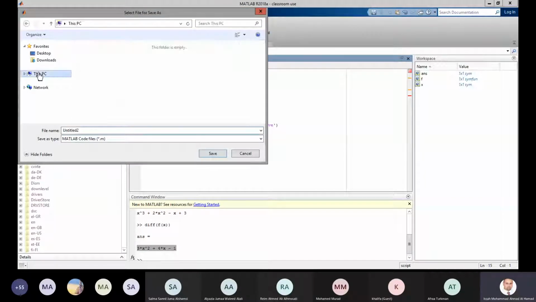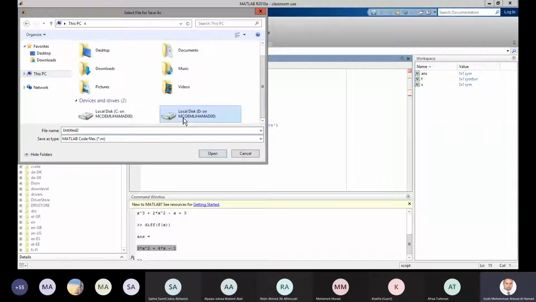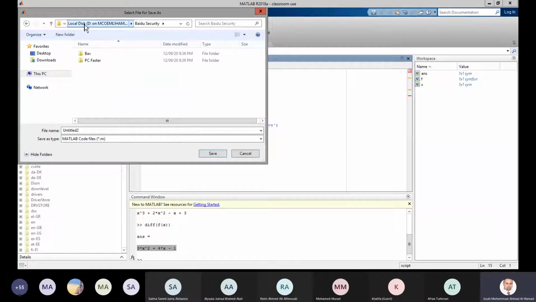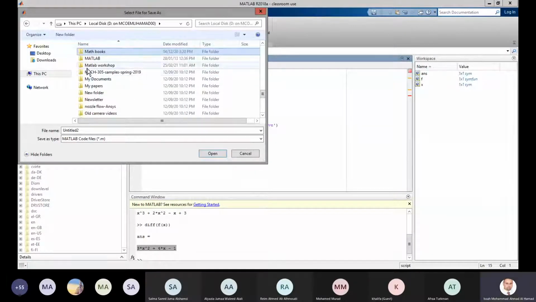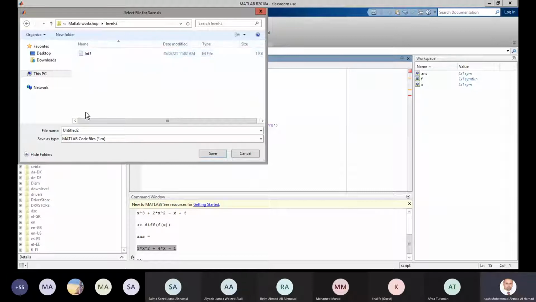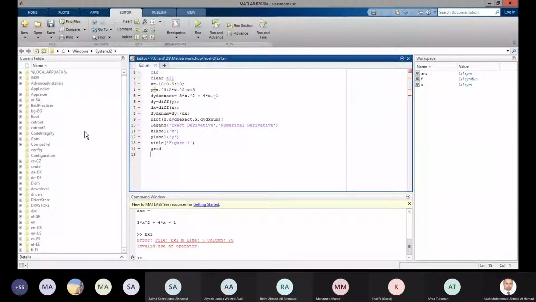I prepared a folder for you for level 2, so let me save it in the right folder. I will call it EX1, example 1. Line 5, let me go to line 5. Let's see what's the problem here. I will write it again.